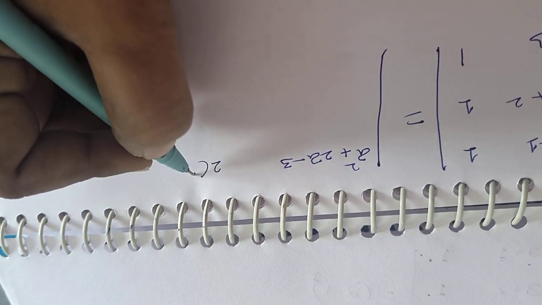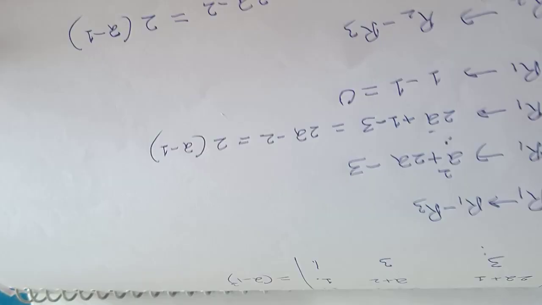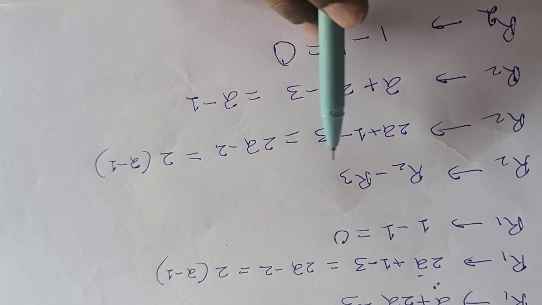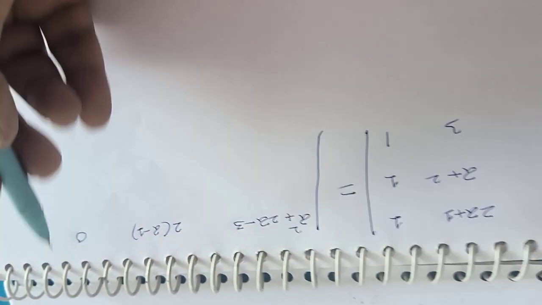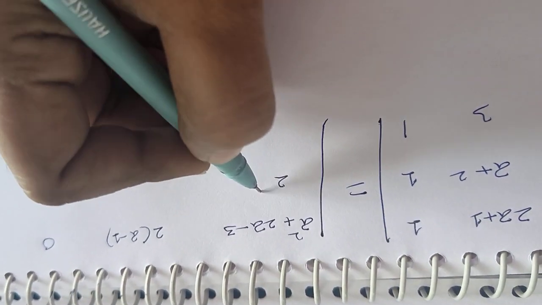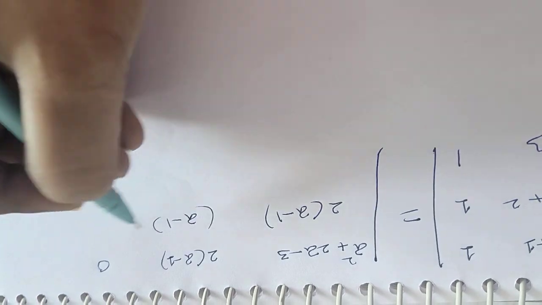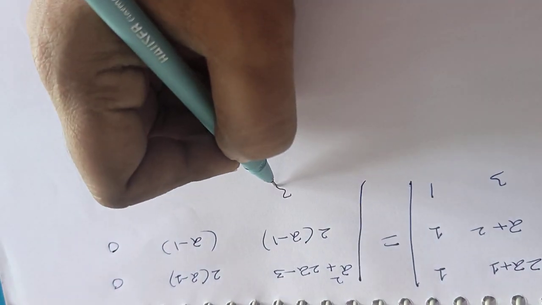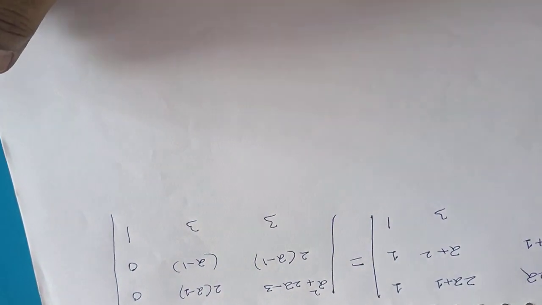Second row is 2(a − 1), a − 1 and 0. The last row we keep as it is: 3, 3, 1.